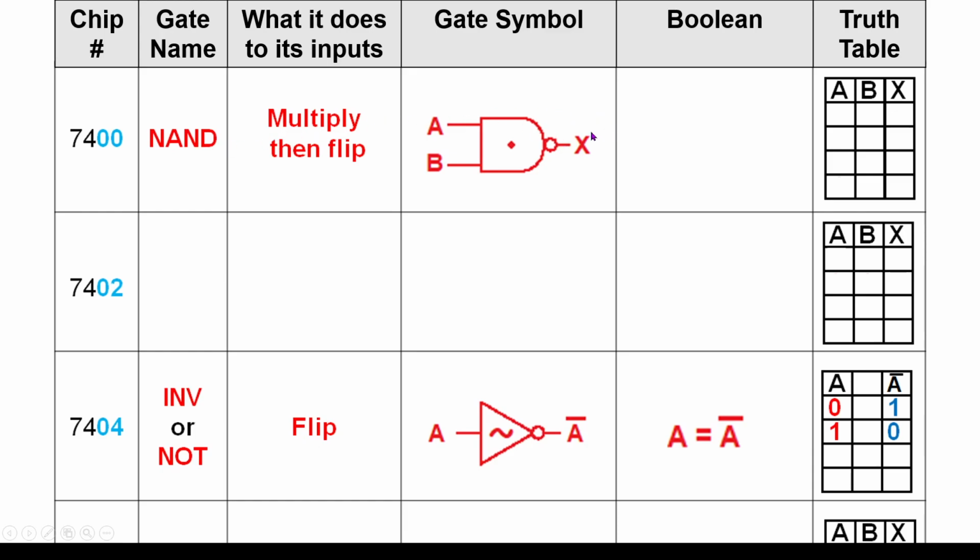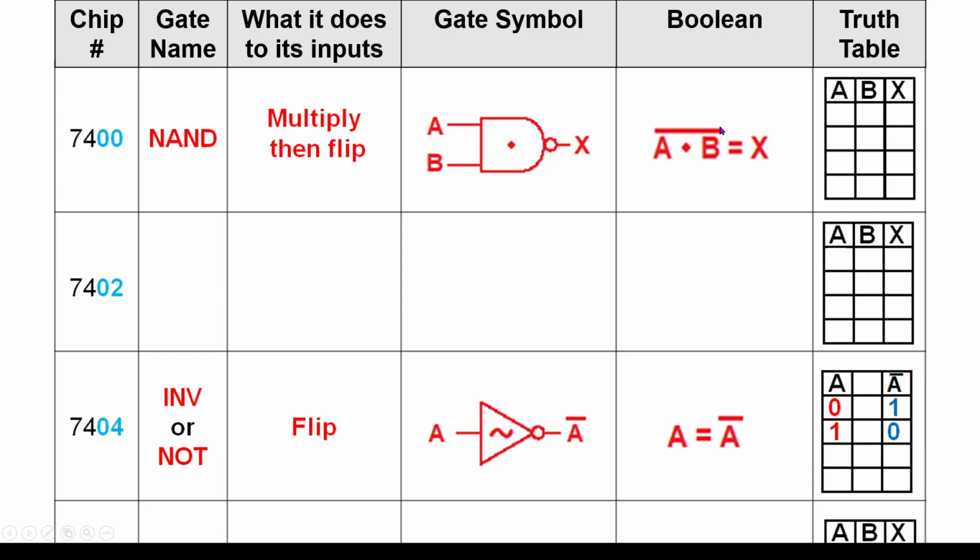The Boolean for a NAND gate is exactly the same as for an AND gate, except it's got the big long NOT over it. Now, the big long NOT implies that everything under it has been inverted after what's under it has been done. So the multiplication occurs first, then the answer is given before the NOT gate, and then the whole result is flipped over to its opposite.